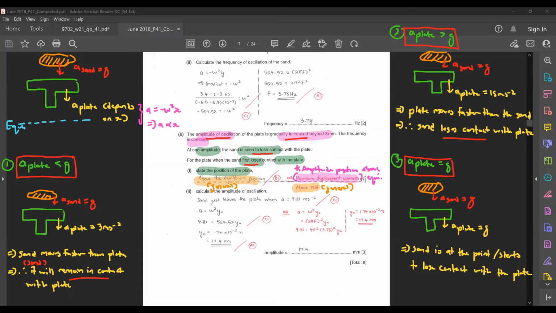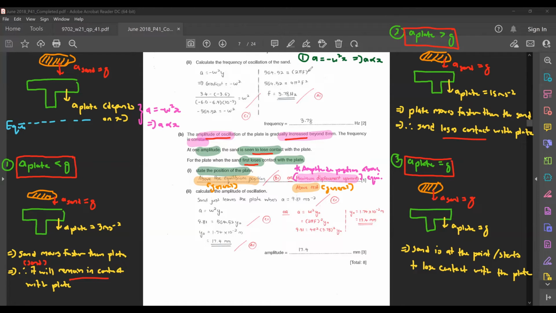Okay, now you may be wondering, why is it at the amplitude position? It's because of a few things to consider. Let me just write it somewhere here. I'll probably write it in green maybe. Okay, so why do we say it's at the amplitude position is because of this. Number one, because we know that a is negative omega square x, therefore a is proportional to x.